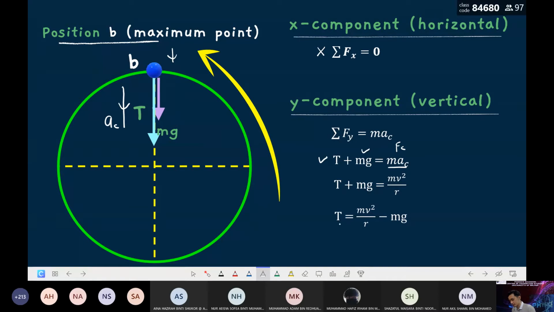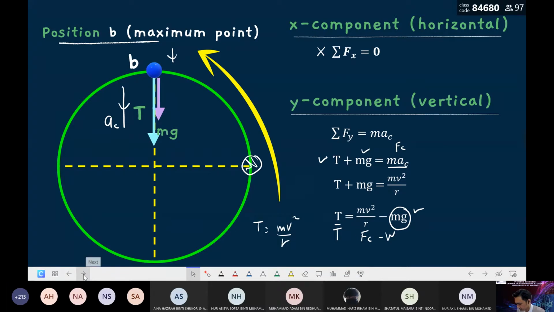Tension dia akan berkurang sebanyak weight. Maksud dia centripetal force minus with the weight. So that is the tension. Tadi tension if at the horizontal, it is only equal to the centripetal force. But now when it go to the highest position, dia akan decrease by the weight. Ini adalah hasilnya. Effect daripada the gravity itself.